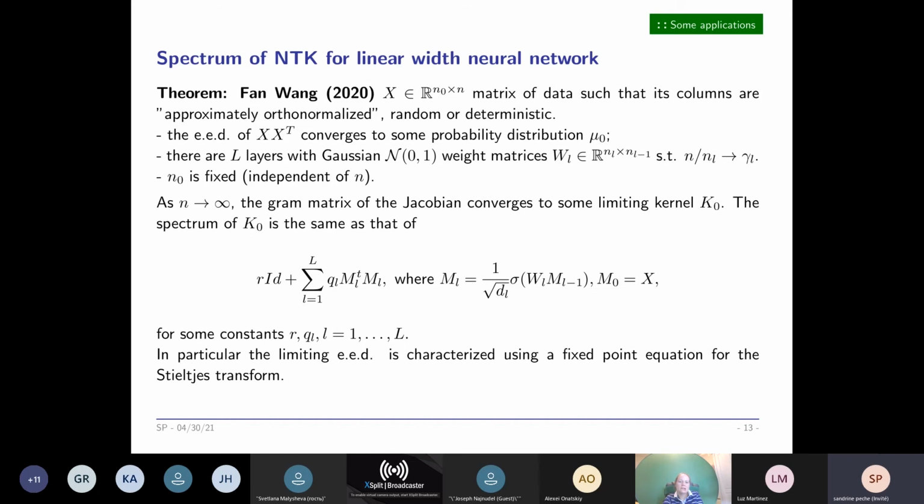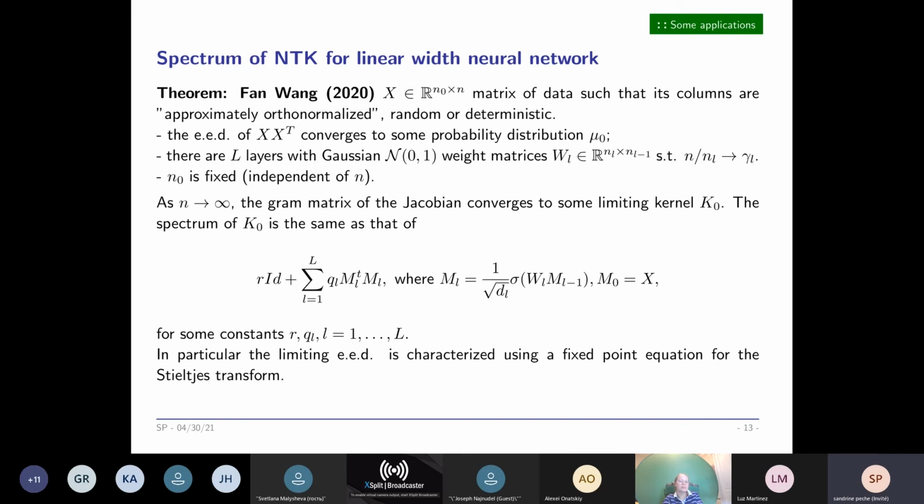They consider a matrix, which can be random or deterministic, for the input data, but it keeps some of the features of a matrix with IID entries.